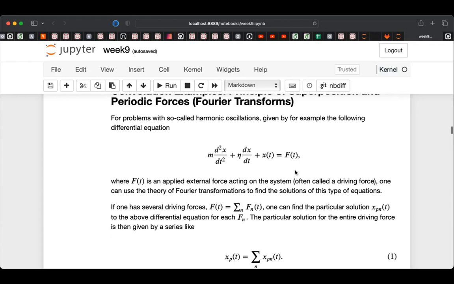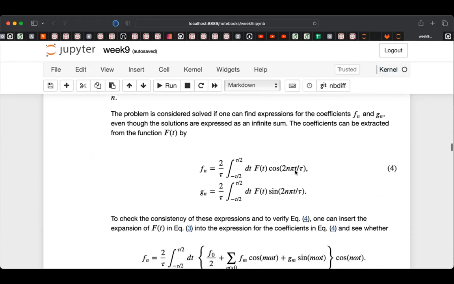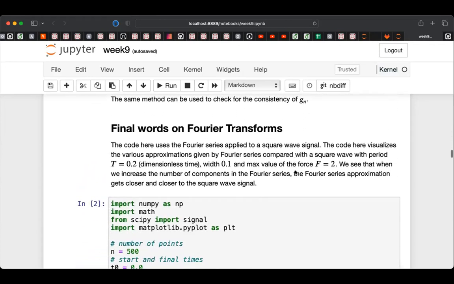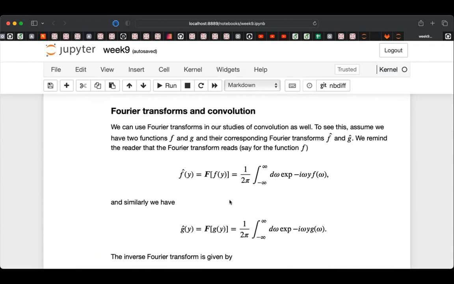So what you have here are some slides which we went through last time. We discussed how to find the coefficients of Fourier series. And we also linked that with the convolution, where we looked at the inverse Fourier transforms.